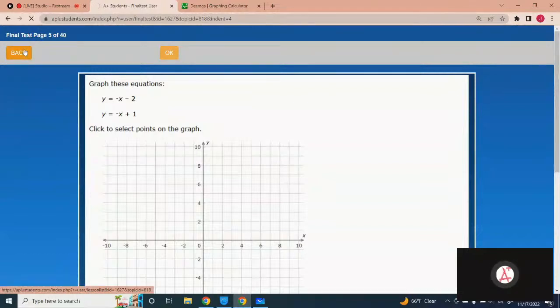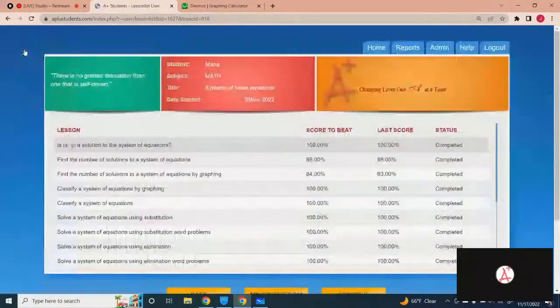We have done 3 of the topics today. Sorry, the chapter name is System of Linear Equations.